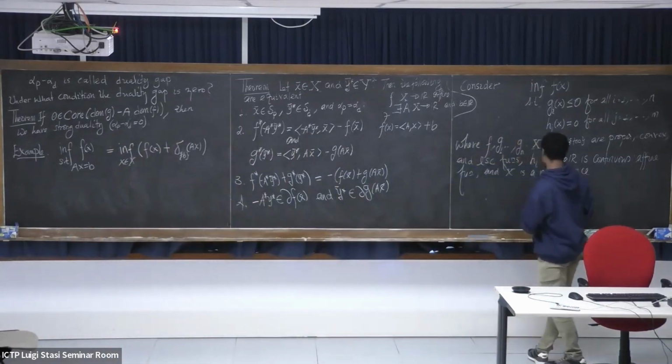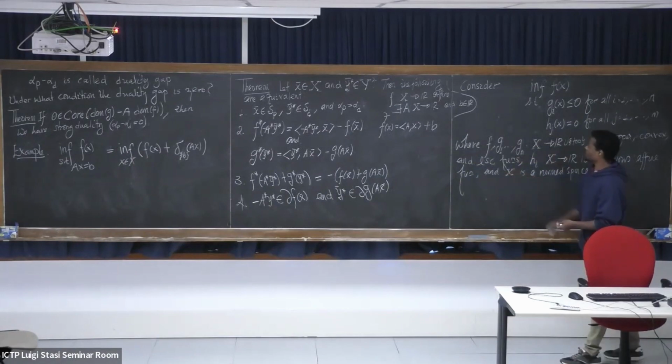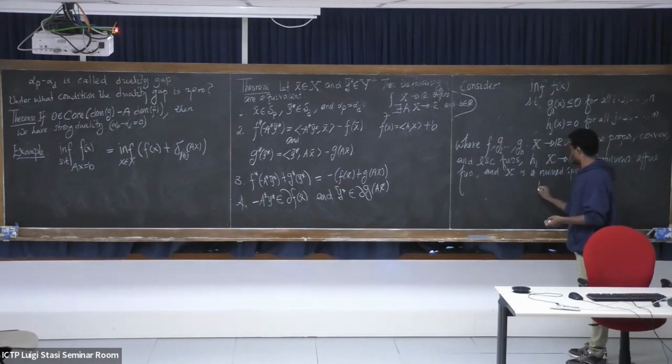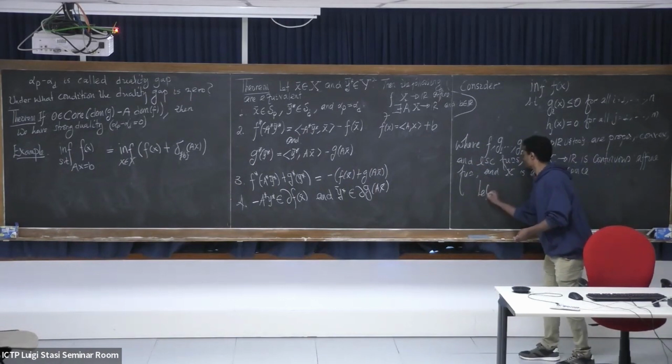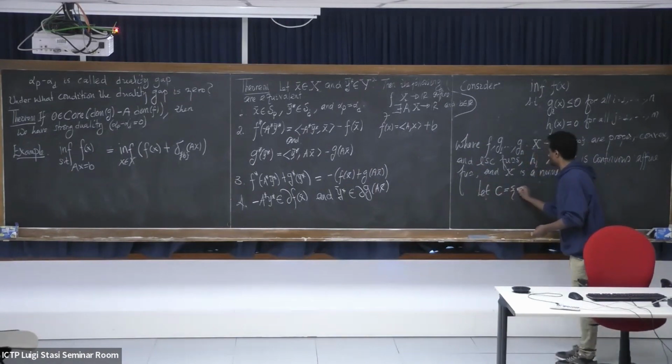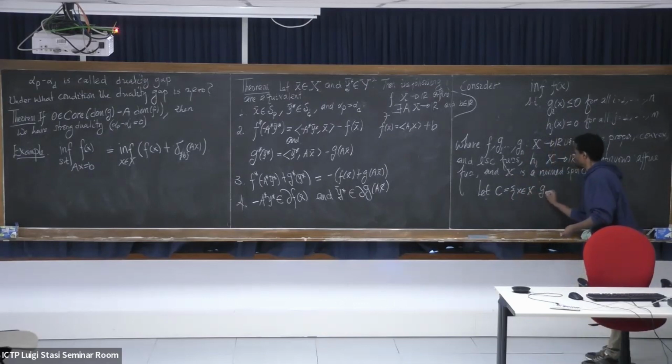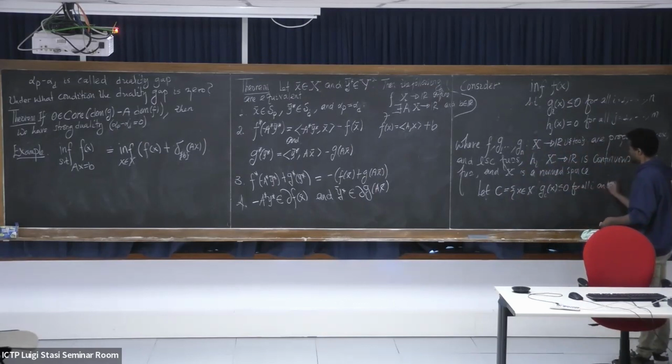Having this, this optimization problem is simply, just to compress it, let C be the set of x such that g_i of x is less than or equal to 0 for all i, and h_j of x is equal to 0 for all j.